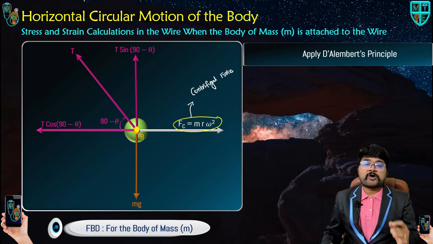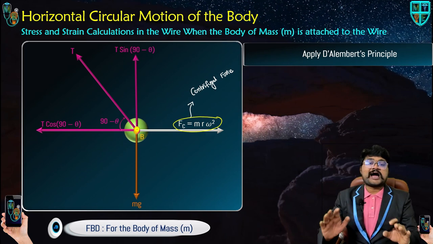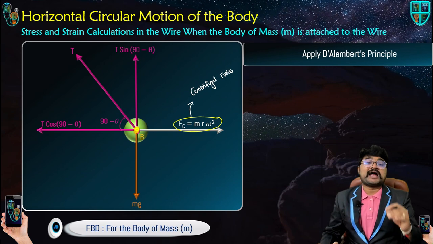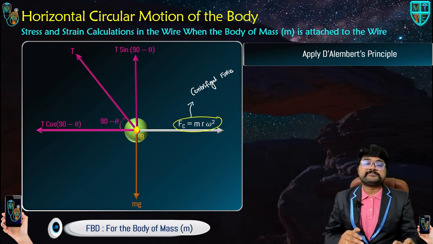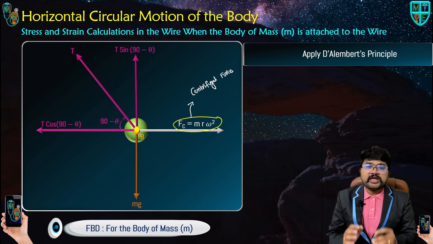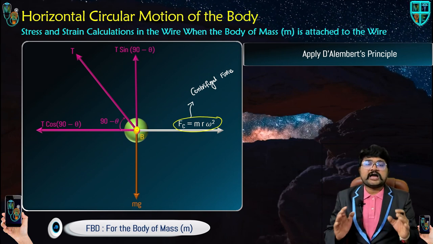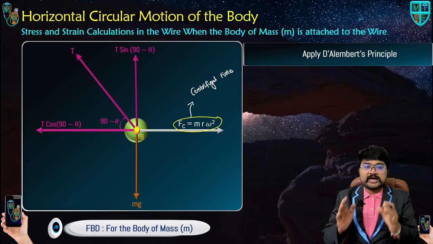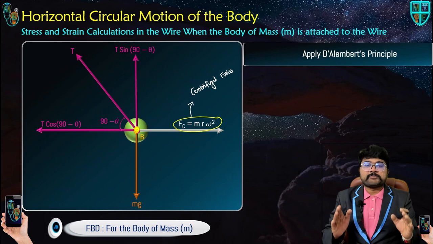So the dynamic problem is converted into a static problem. The entire diagram is for a static problem. That is the condition of D'Alembert's principle. Its main purpose is to convert a dynamic problem into a static problem.